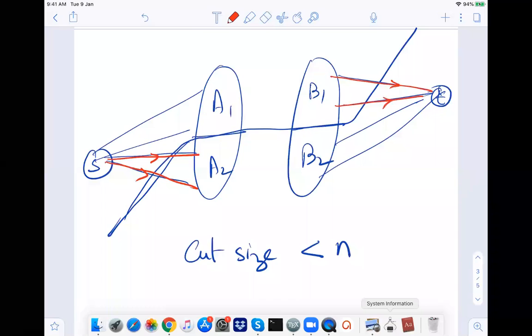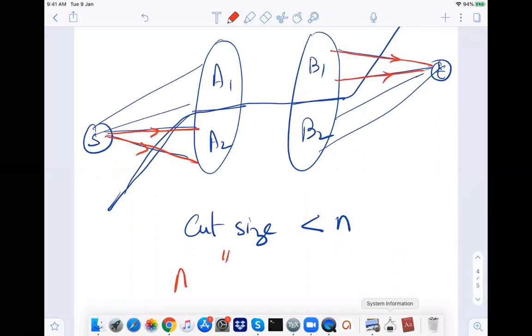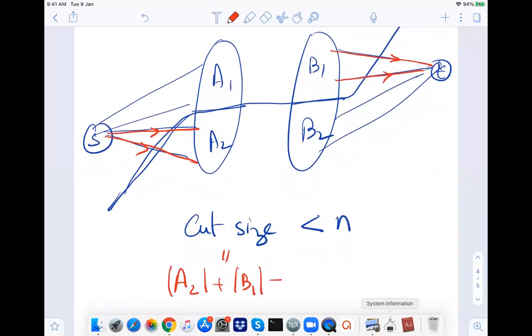So first of all, that means the cut size is upper bounded by the size of A2 plus the size of B1 plus, are there edges from here to here?